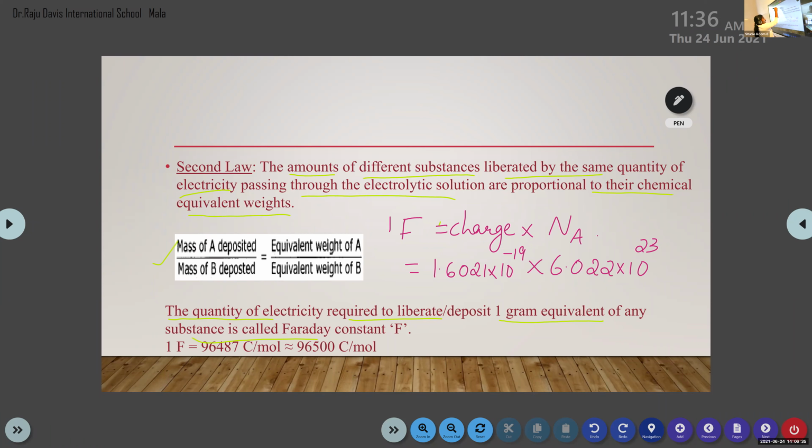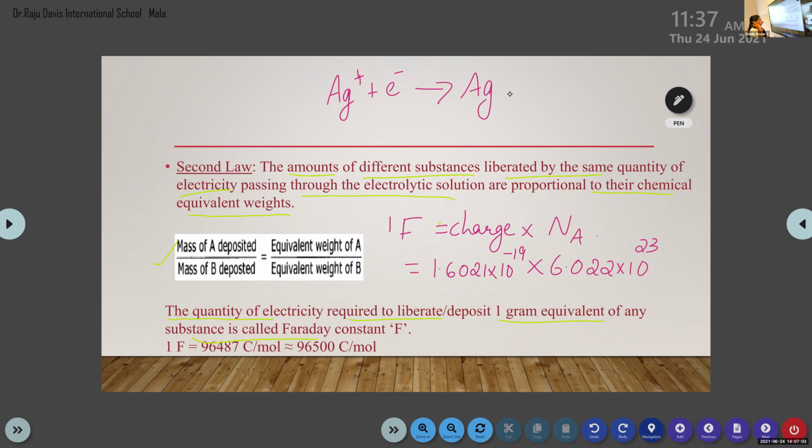So here I am writing one equation, and you can tell me about the quantity of electricity produced here. Ag plus electron gives Ag. According to this law, the amount of different substances liberated by the same quantity of electricity passing through the electrolytic solution is proportional to their chemical equivalent weights.